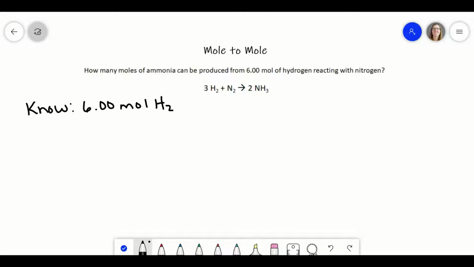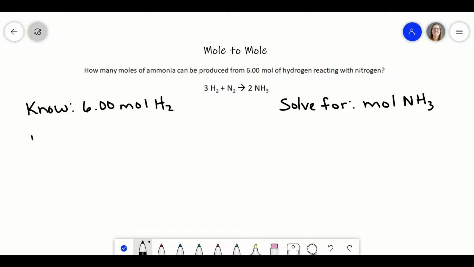We'll also write down what we're solving for. So the question asks, how many moles of ammonia? So that means we're solving for moles of NH3. I am using the abbreviation for moles, which is MOL, so I'm not missing letters, I'm just using the abbreviation.